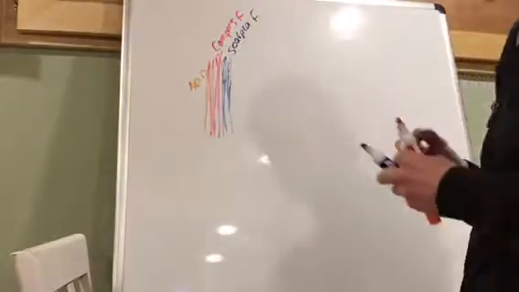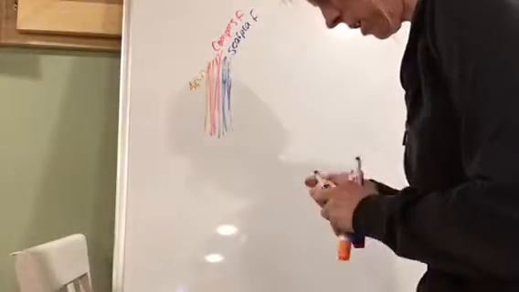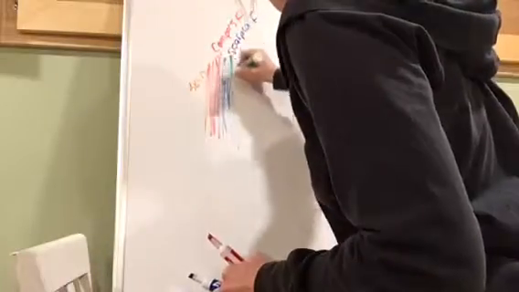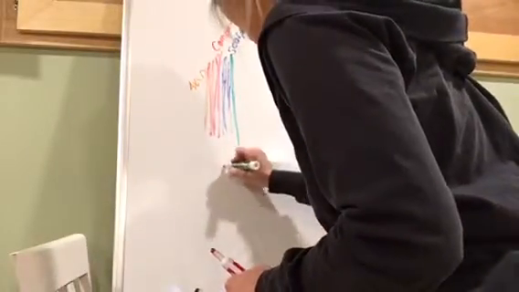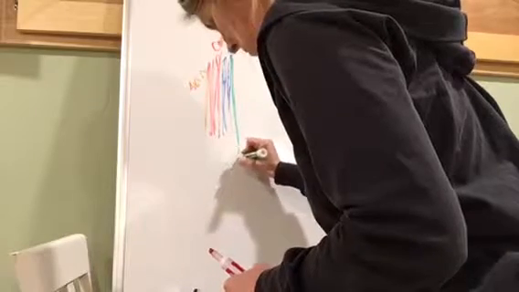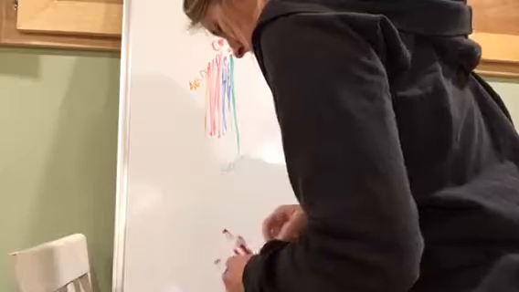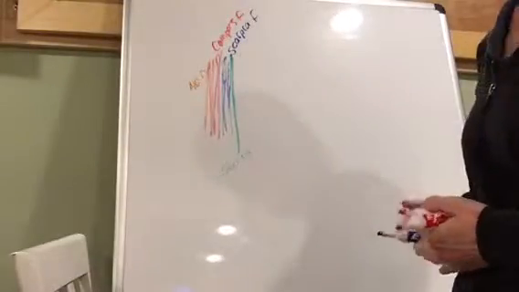It's going to alternate colors. And then you have your superficial fascia. And then this is where your abdominal muscles will begin.